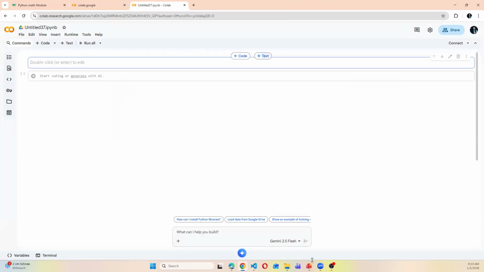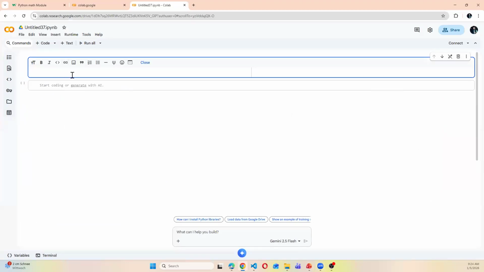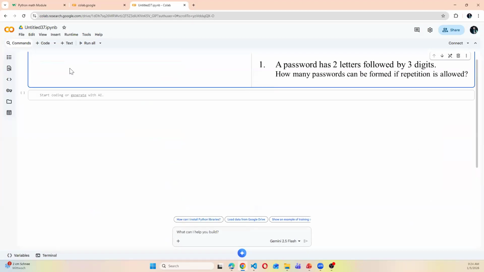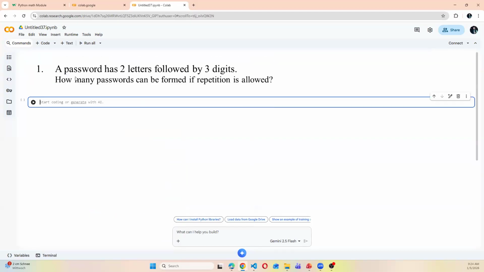Okay, let me copy the first question. Look at this, now if I copy, it should give you this much. So for the first one, a password has 2 letters followed by 3 digits.